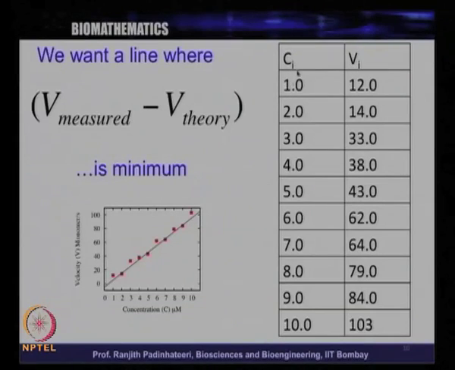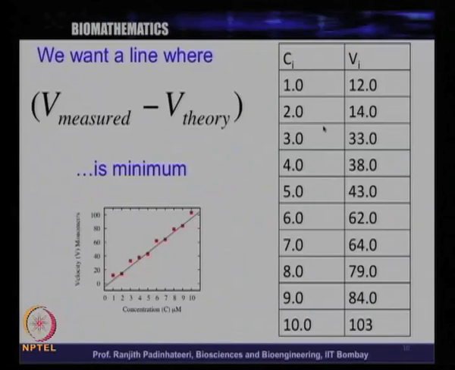There are 10 data points. I represents the data point, so I equal to 3 means the third data point, that means this particular point. So, for every value of I, there is a Vi.